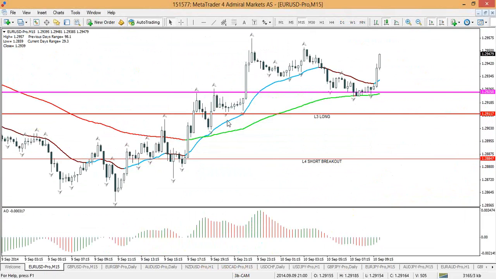From a 15 point of view, if we look at the Camarilla point of view, it looks like we're trying to break, and if we do get an H3 breakout, then the H4 I think would be the target because that's where all the confluence is at.